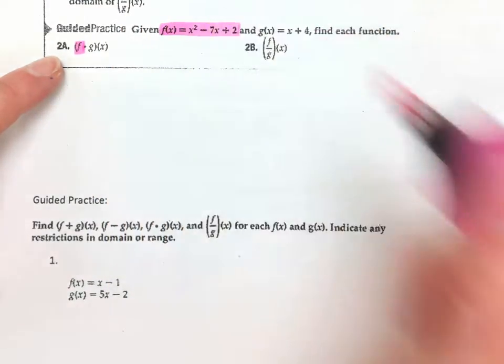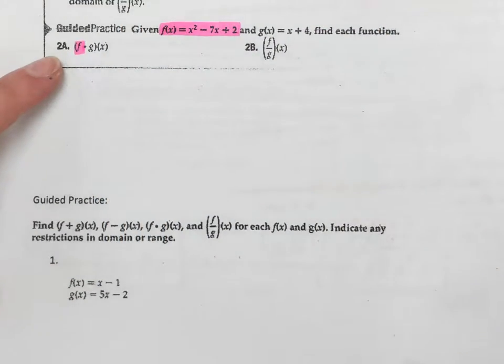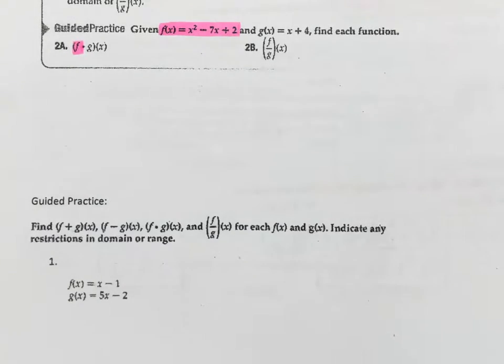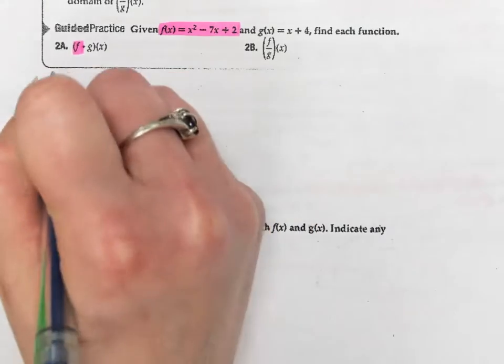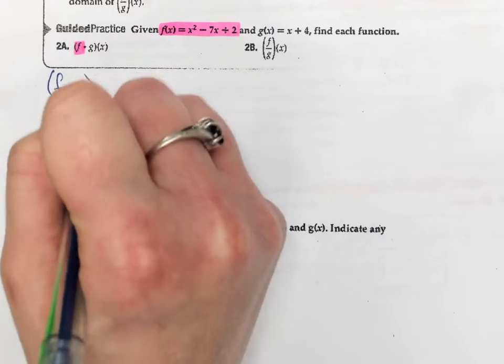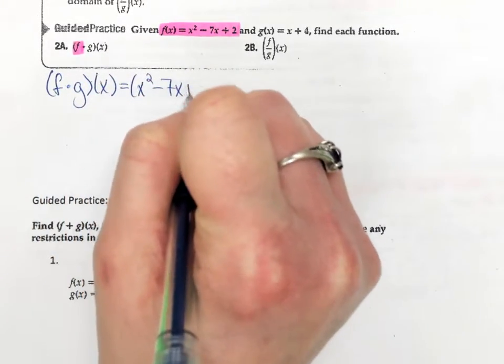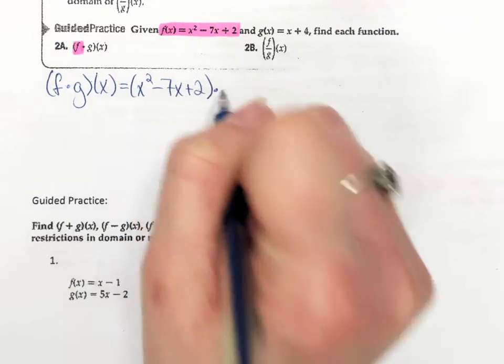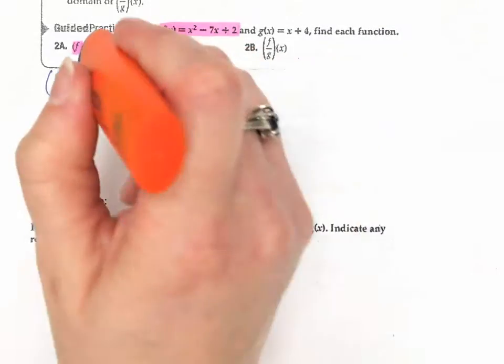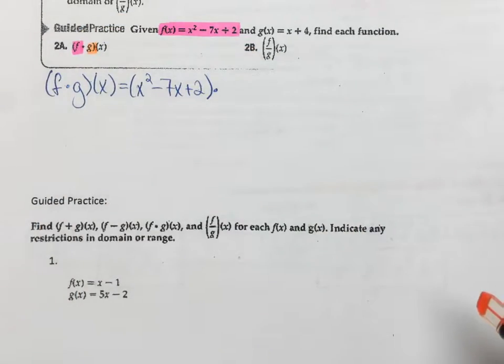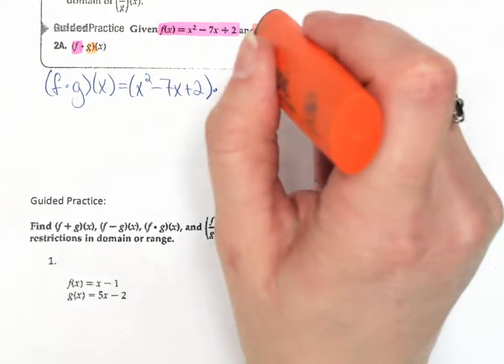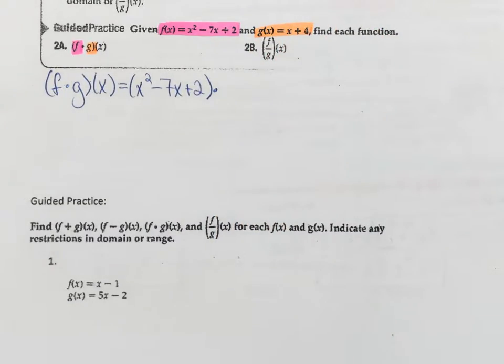So here we go, same exact thing, but now we're going to take the function f, which is x squared plus 7x plus 2, and we're going to multiply that with the function g, which is x plus 4.